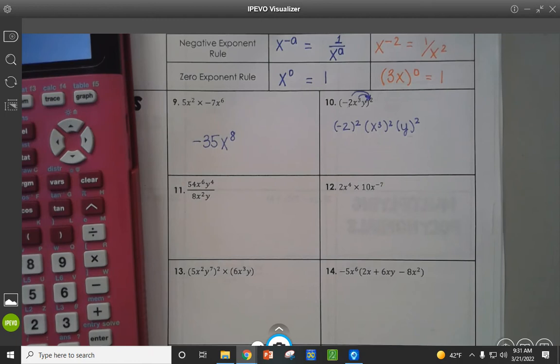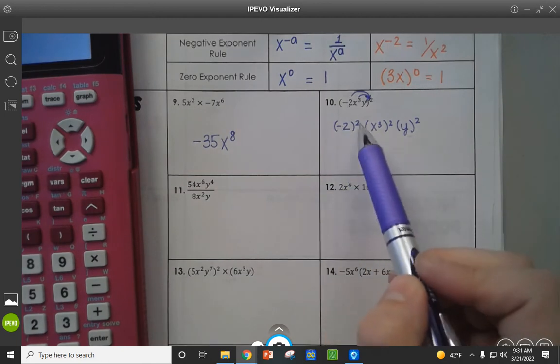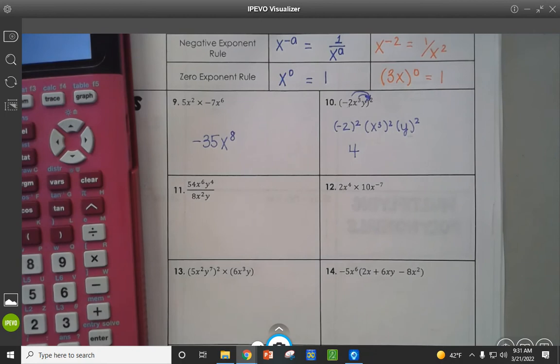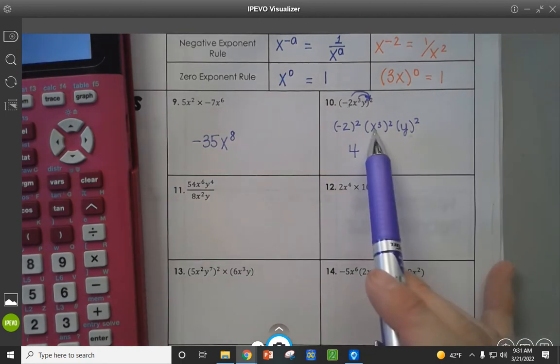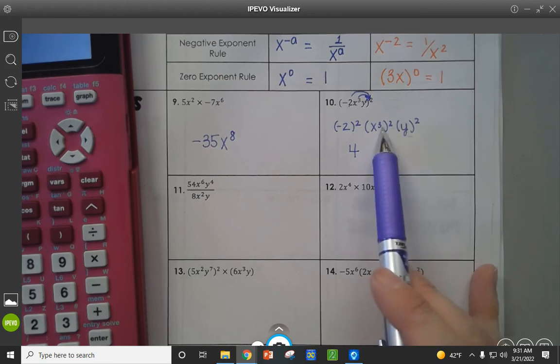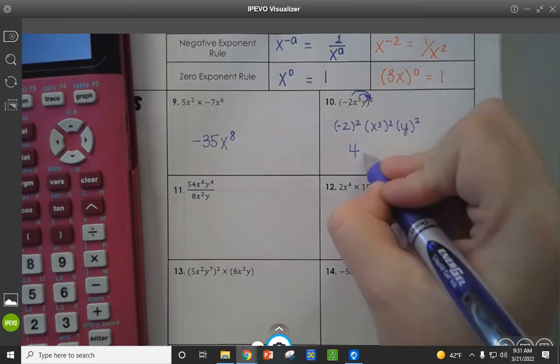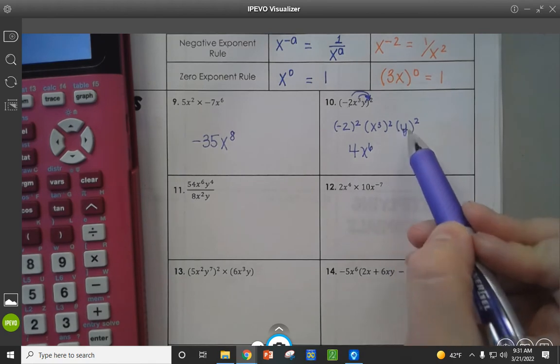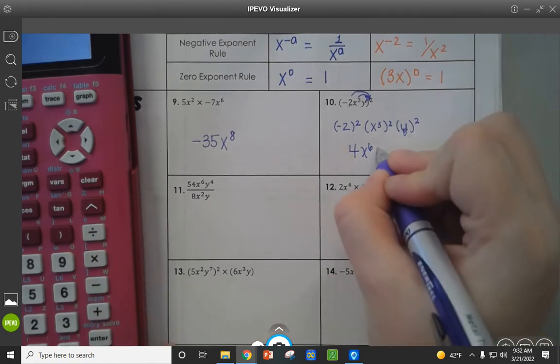Remember that. If you do negative 2 in parentheses squared, you get positive 4. Then if I take x cubed and I square that, what do you do with the exponents? Multiply them. So I would have x to the 6th, and then y to the 2nd.